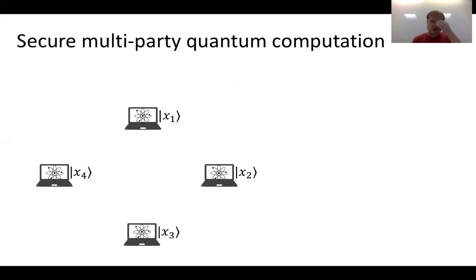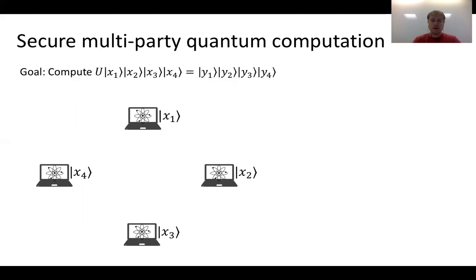It's the same as the well-studied classical MPC, except that we're going to allow parties to have quantum computers and quantum inputs. And their goal is now to compute some quantum functionality over their quantum inputs to produce some quantum output in its most general form, right? And here we could consider these inputs and outputs also being entangled, okay?